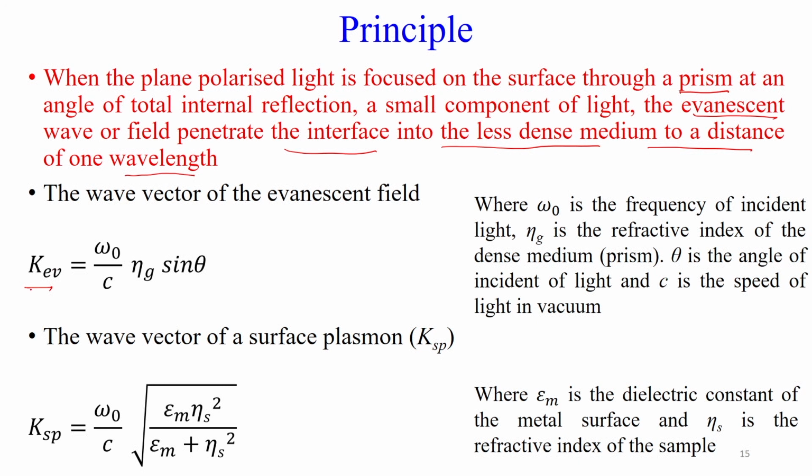So, KEV, the wave vector of the evanescent field, is directly proportional to the wavelength, 1 upon lambda is equal to... here c is the speed of light and omega is the frequency of the incident light, and Ng is the refractive index of the dense medium, or you can say that of the prism, and theta is the angle of incidence.